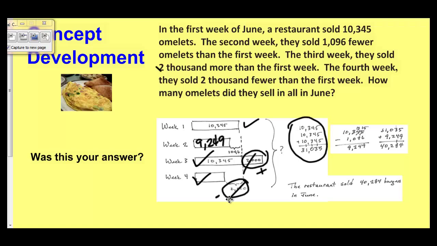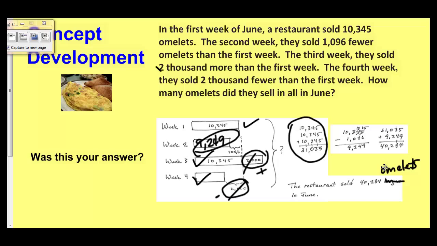And then I just added week 2, which was 9,249. Obviously, that is not the only way to solve this problem, but sometimes it's a good way to look at it a little bit differently. Now, I did notice that there was a typo here, that the restaurant sold 4,284 burgers in June, which is kind of funny. That should be omelets. But the only thing that this does not show is me checking this for reasonableness.